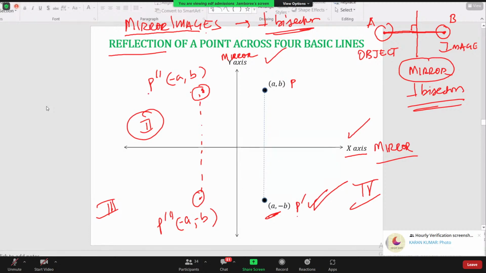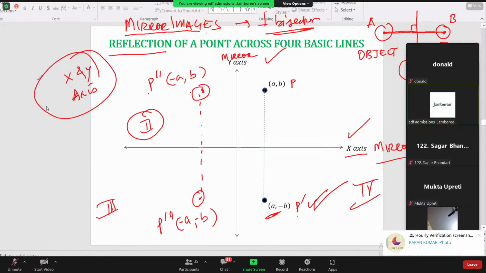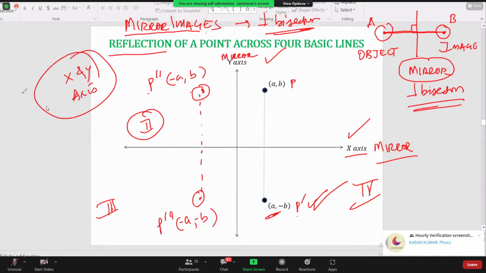So along the X axis and Y axis, what you can simply say is that the magnitude remains the same. The signs are applied according to the quadrant. I repeat, along the x-axis and y-axis, the magnitude of the point remains the same. The signs are applied according to the quadrant.